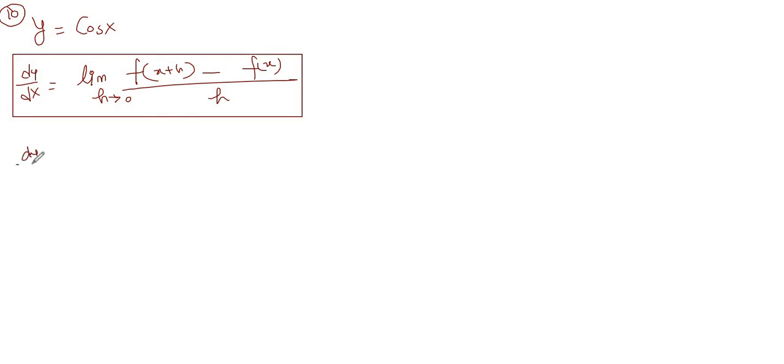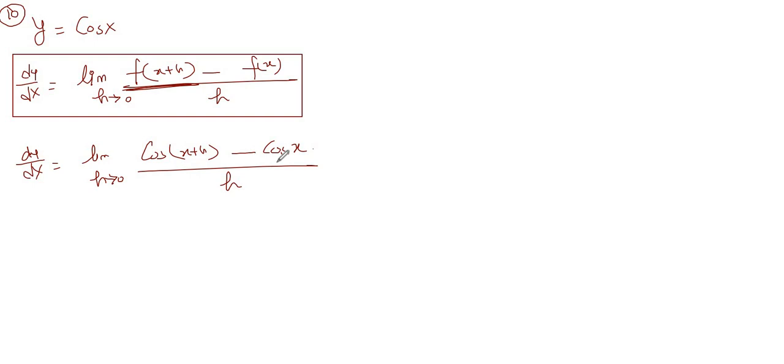So let me write down dy by dx as limit h tending to 0 of cos of x plus h minus cos of x by h, correct? So let's simplify it. What is cos c minus cos d? Cos c minus cos d is what?